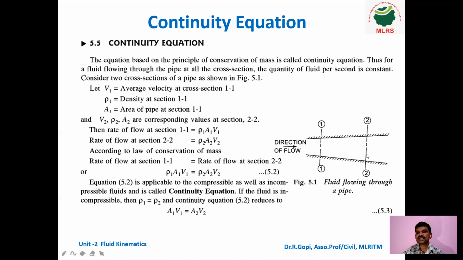Why? Because the area is more. If area increases, velocity decreases. If area decreases, velocity increases. So area and velocity are inversely proportional, not directly proportional. Even though velocity and area are different, the discharge is the same.